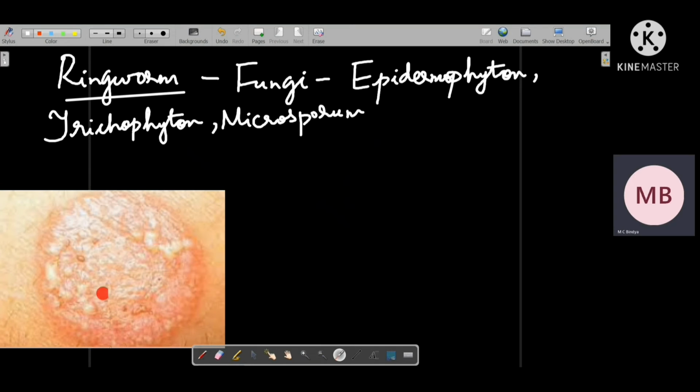So this is how ringworm infection looks like. So they have these scaly lesions, and they are circular.